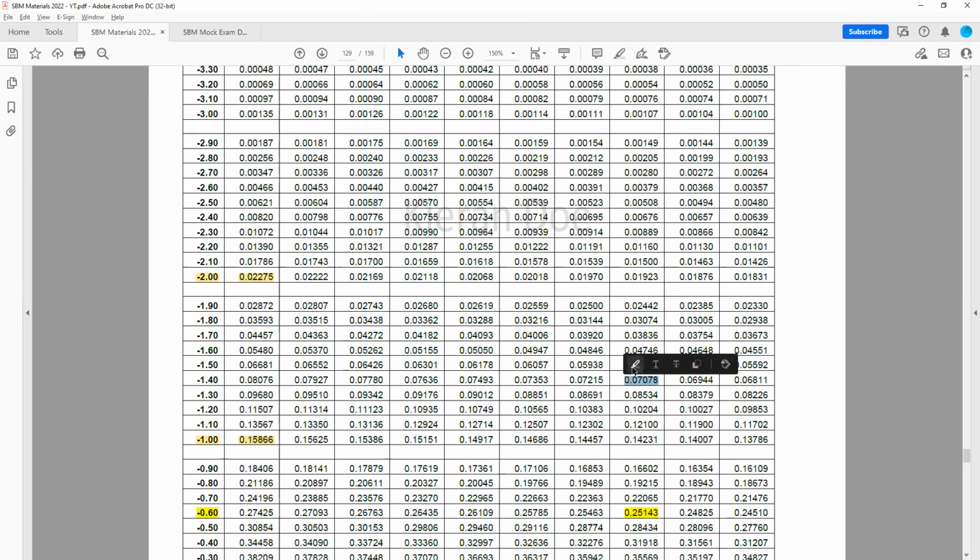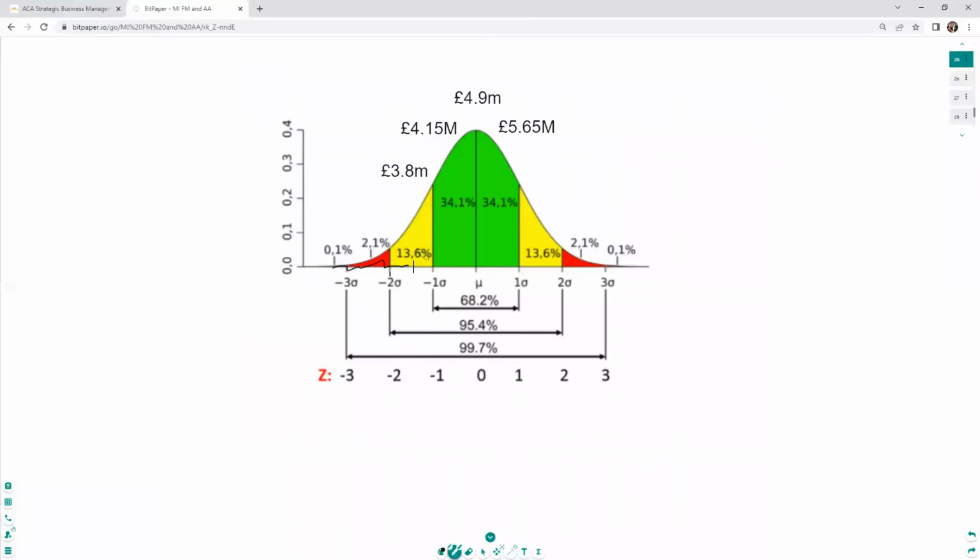And we can see here that there is a 7% chance that we would be 1.47 standard deviations below the mean or lower. That makes sense when we look at our graph, because we'd already said probably about 5%, halfway through it would be on this half, plus those. So that seems like a reasonable answer.